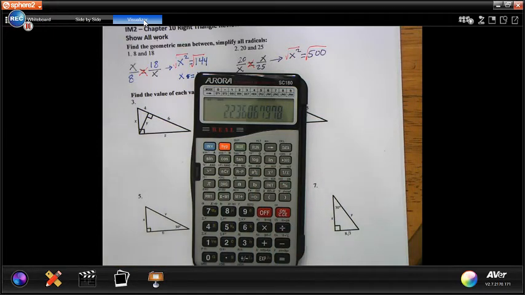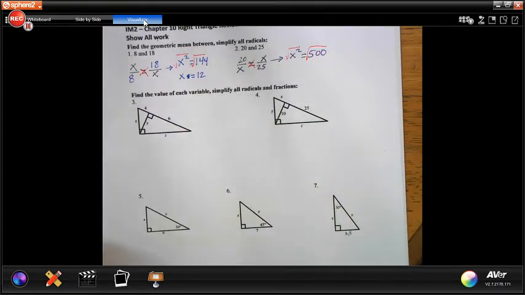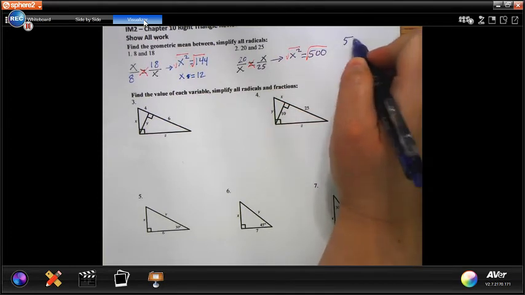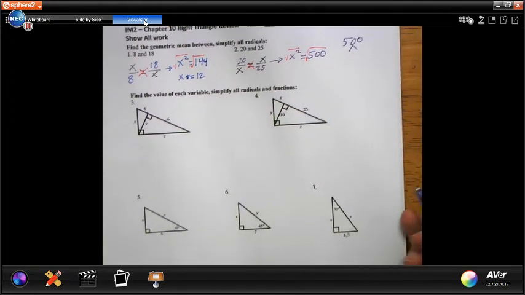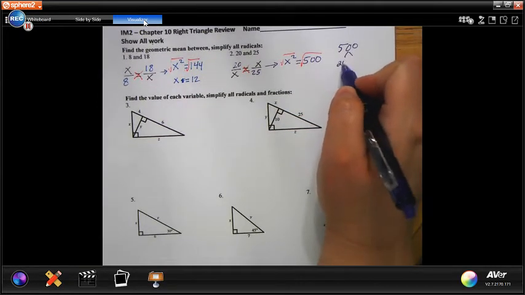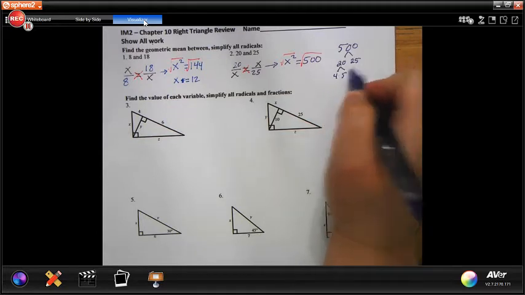I get a decimal. That means it's not a perfect square, so I have to break out twins. So remember, to break out twins, you have to factor it out. Now, 500 is 20 times 25, so I might as well just split it up like that. 20 is 4 times 5.